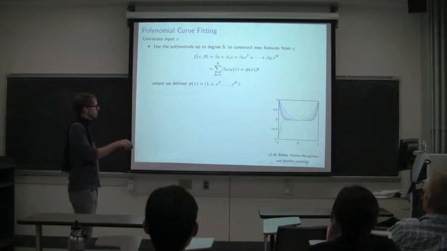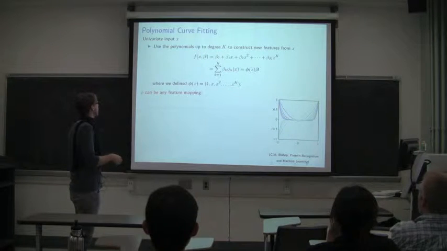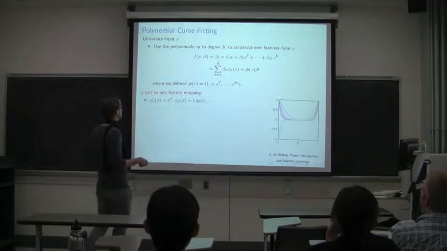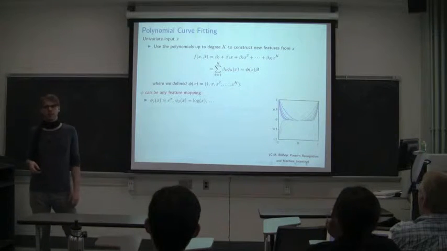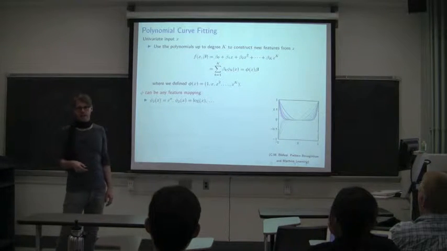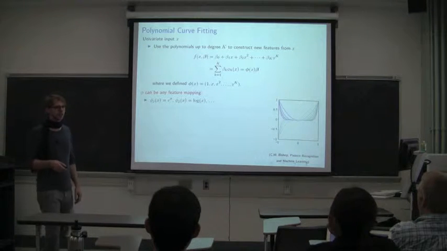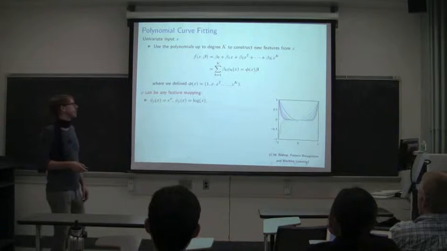For example, these functions could be polynomials, but in principle they can be anything. It really depends on what you think your data looks like, what the dependence between x and y is, and that is what you would use to choose these functions.